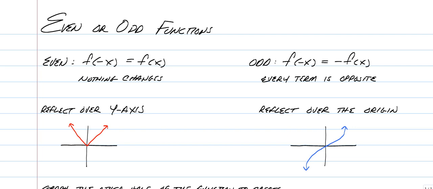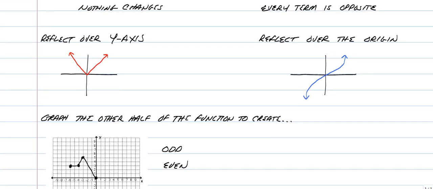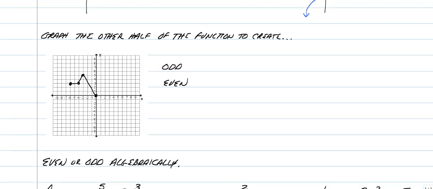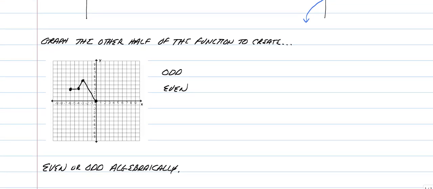So all positives become negatives, all negatives become positive. So that graphically looks like a reflection over the origin, meaning you're just switching your x and y positives and negatives, okay? So when we're graphing, again, an even versus odd function.